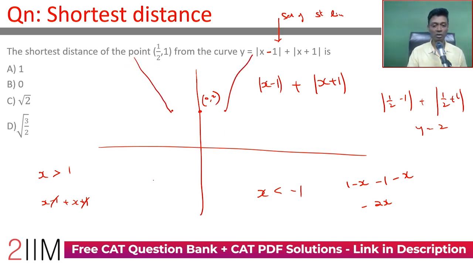Between minus 1 and 1, it will be 1 minus x plus x plus 1, which is 2. So it is 2 from minus 1 to 1, then a slope of plus 2 here and a slope of minus 2 here. The curve goes up. You're looking at the point (half, 1). The shortest distance will be this perpendicular distance, which will be 1 unit.